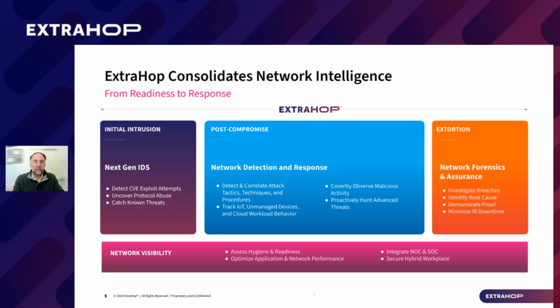That is very important because companies are investing in initial intrusion prevention, and they're typically under-investing in post-compromise detection tactics, where they have the most advantage, especially with software supply chain attacks.